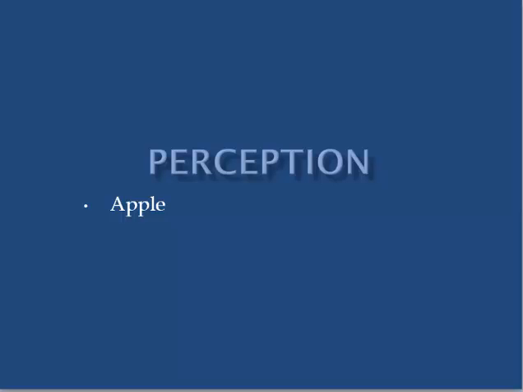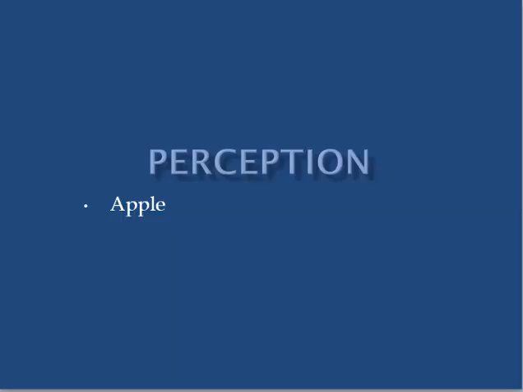When I perceive an apple, I perceive a red apple. And one of the reasons why I perceive a red apple, in particular a red delicious apple, is that when I was a kid, my mom used to give me red delicious apples in my lunchbox. And I remember crunching on them and the sweetness of them.